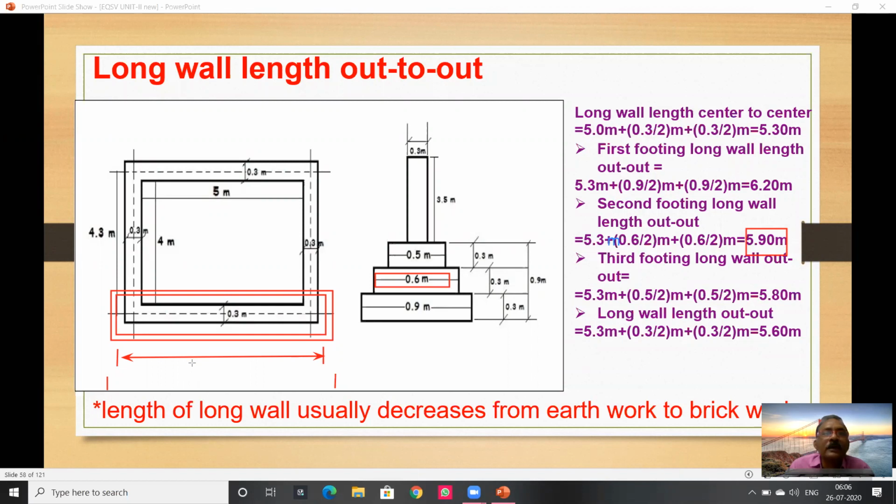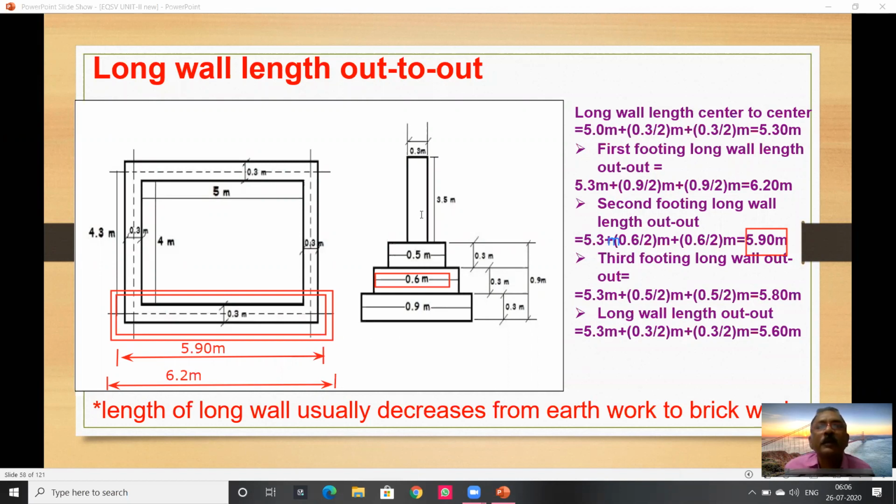In the first footing the value is 6.2 meters. Now coming to your second footing, it is 5.9 meters. See, it is less than your first footing.